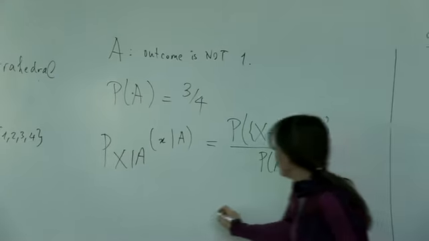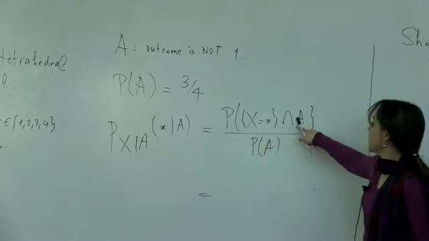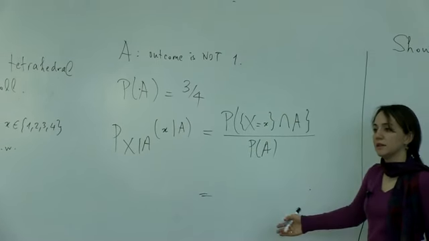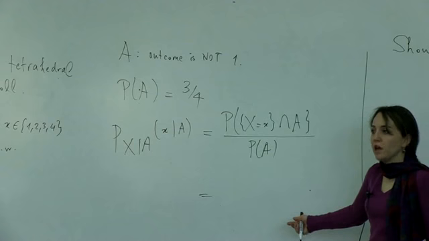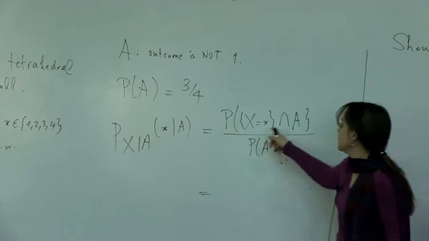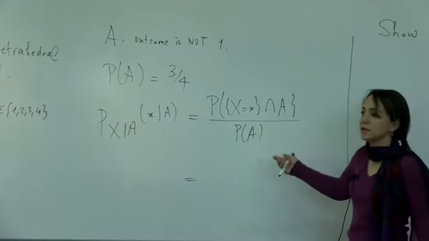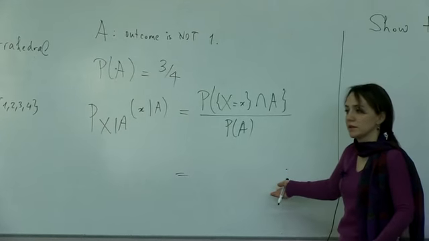Now, what is the probability that X is equal to x and X is not 1? For all values other than 1, X is equal to x and X is not 1 is nothing but X is equal to x.